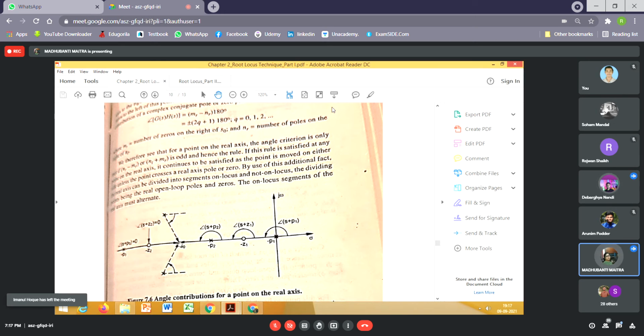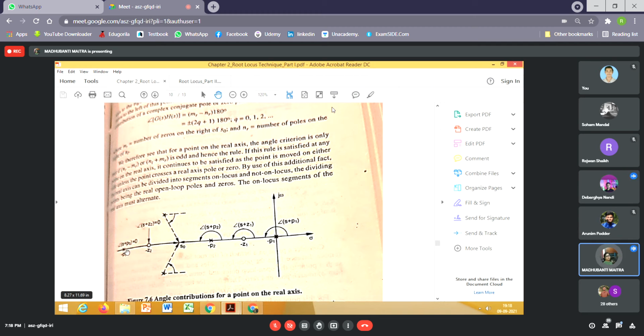On locus point, right? Now, what is the rationale behind this? Again, if this is the trial point, let's construct the phasors S0 plus P2, S0 plus Z1, S0 plus P1, similarly S0 plus Z1, and I guess this is P3, S0 plus P3.